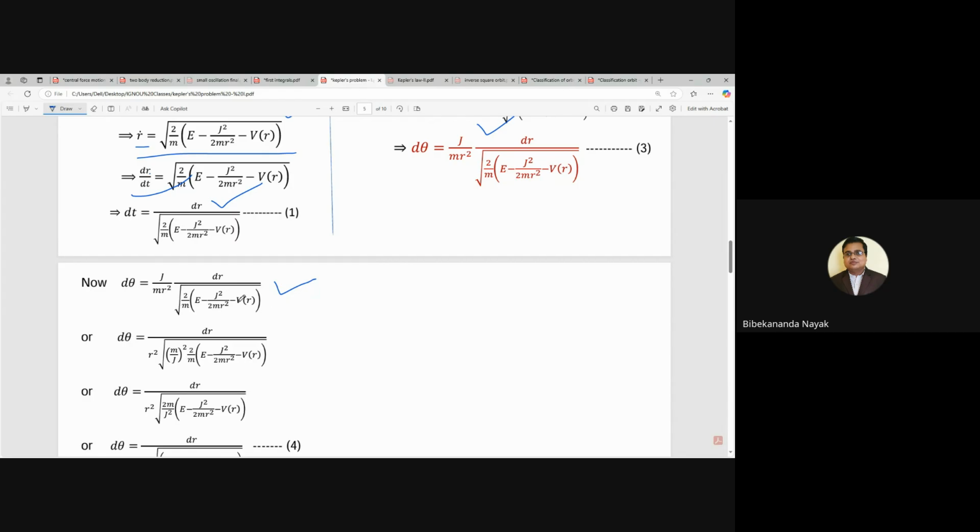Now slightly rearrange this. This is m, so if I divide here, I can take it here. m is 1 by m.